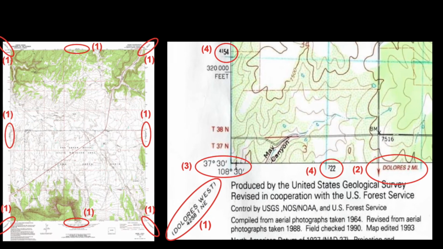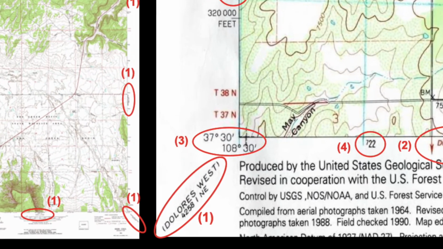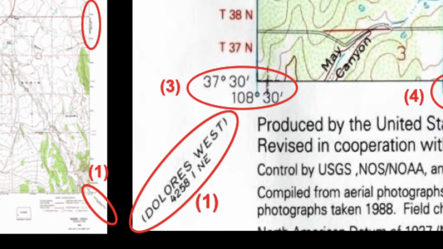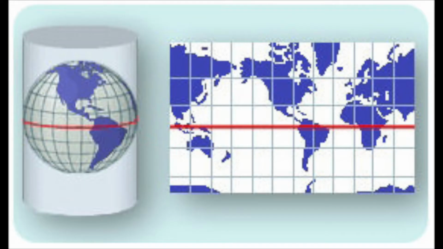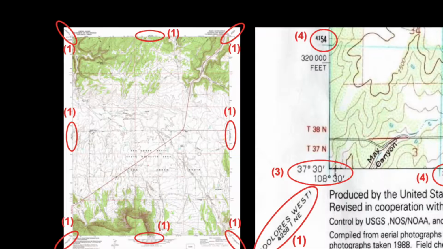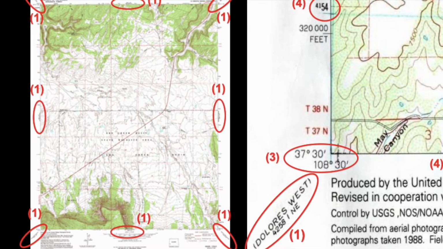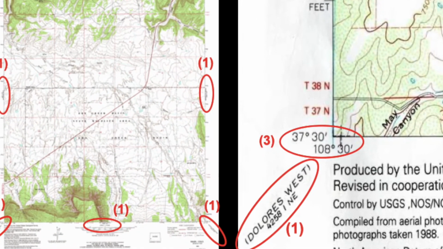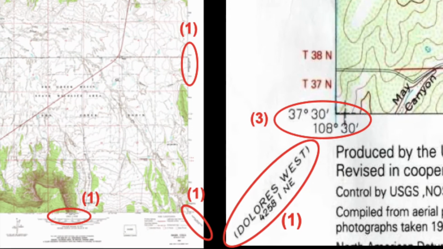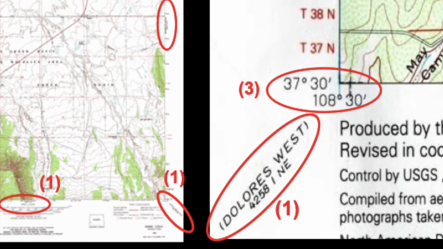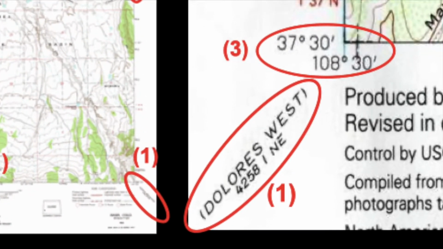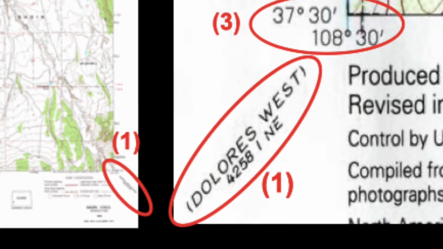So clearly there are other map sheets that all come together to wrap around the Earth in a nice tinfoil ball. Those names down there correspond to the other adjacent map sheets. So if you're going to walk off the edge of the map, you need to find, in the example here, the Dolores West map sheet down there in the bottom left-hand corner.